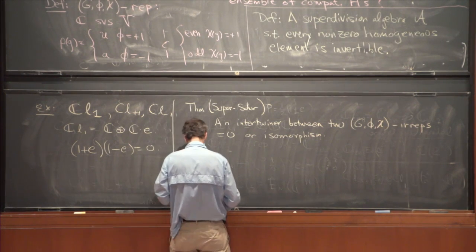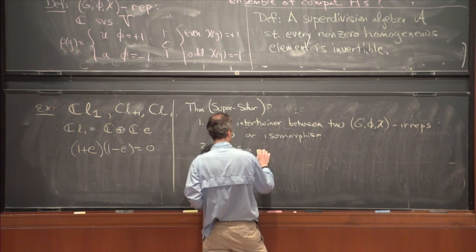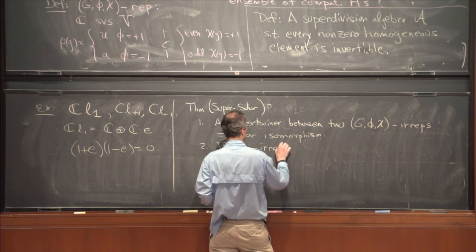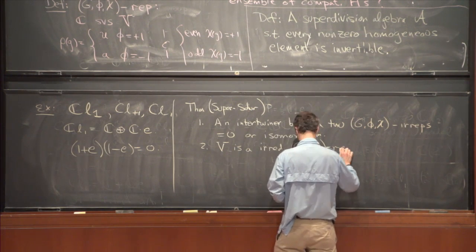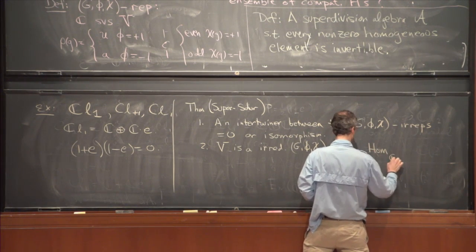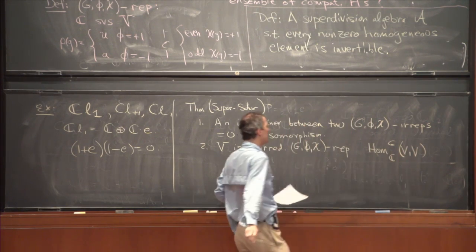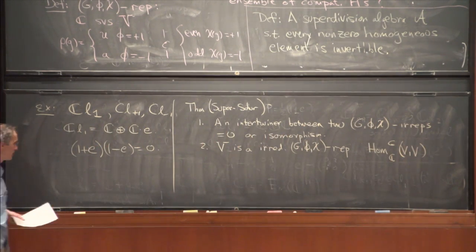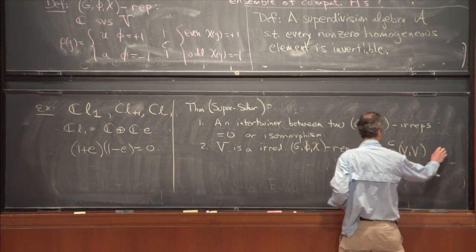So then, if V is an irreducible G phi chi representation, then the super vector space of graded intertwiners, possibly graded intertwiners, is a superdivision algebra.